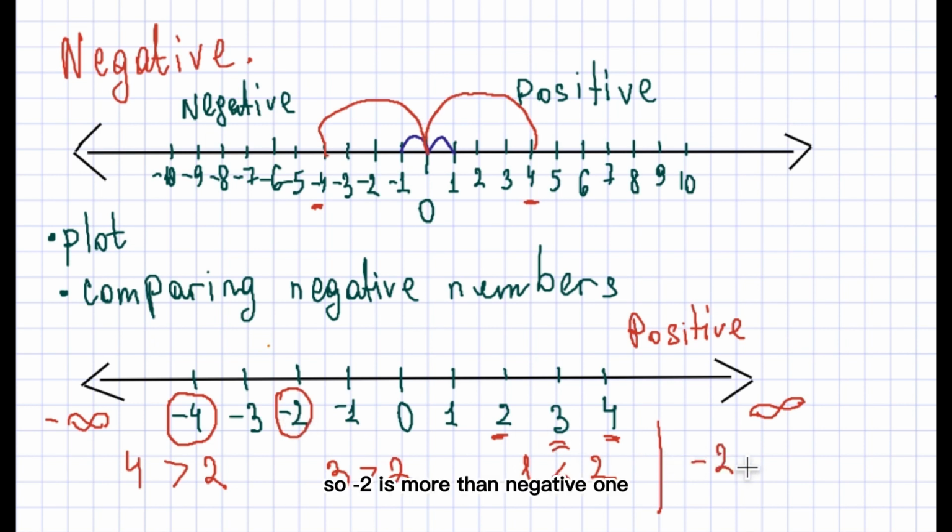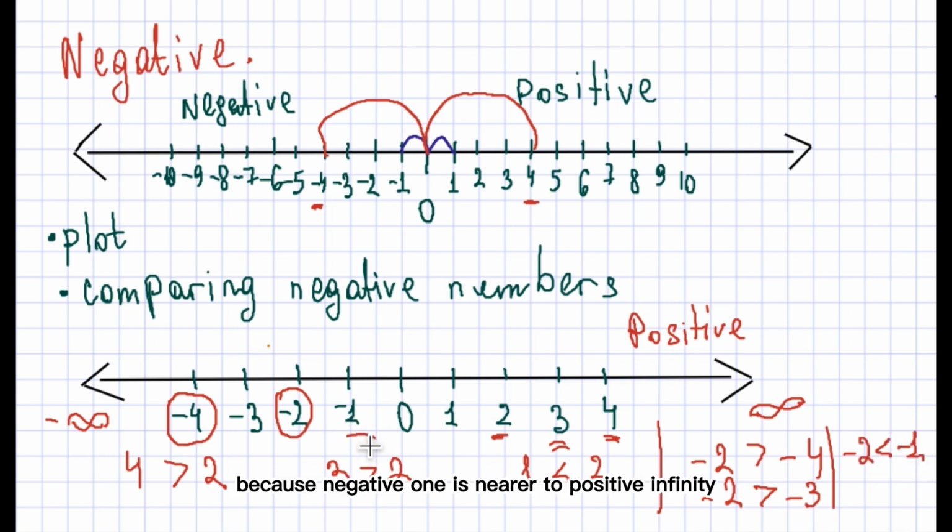So, -2 is more than -4. -2 is more than -3. But -2 is less than -1 because -1 is nearer to positive infinity than -2.